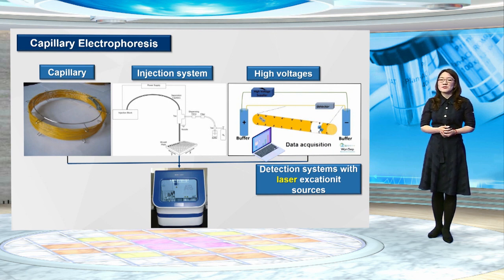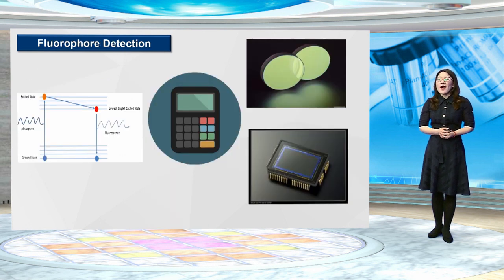Capillary electrophoresis instruments are equipped with a detection system utilizing a laser excitation source that excites the labeled DNA fragments. They also include a fluorescent detector that records the signal sent by the fragments. The argon ion gas laser is frequently used in applications such as fluorescent label STR analysis because typical fluorescent dyes match the excitation properties of the argon laser.